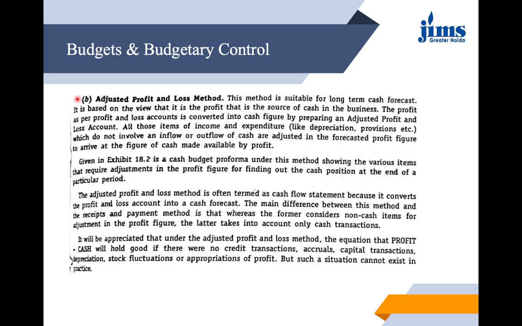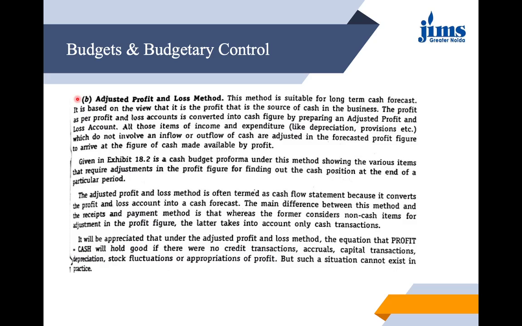The adjusted P&L account is often termed as cash flow statement because it converts the P&L account into cash forecast. The main difference between this method and the receipts and payment method that we have just studied is that whereas the former considers the non-cash items for adjustment in the profit figure, the latter takes into account only the cash transactions.